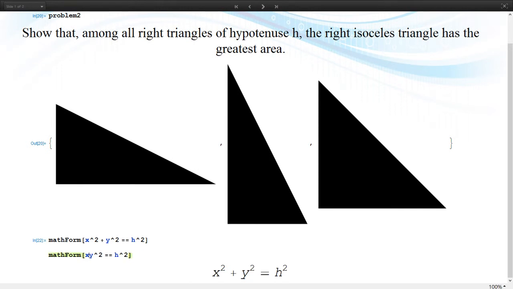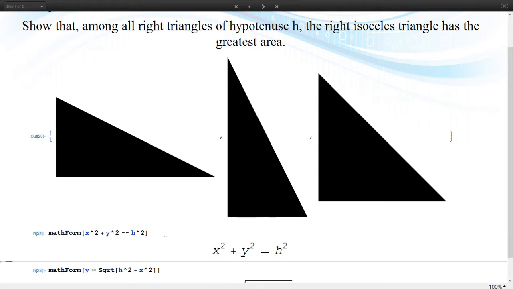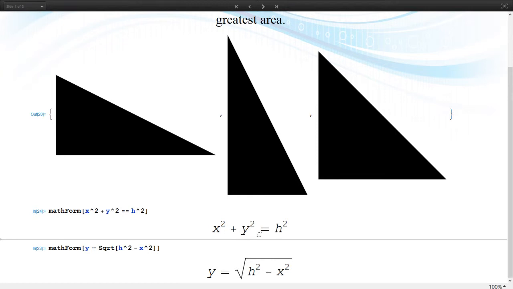We get y squared equals h squared minus x squared. And in fact, we can solve for y by taking the square root of both sides. There we go. So we have our relationship between the 2 sides and the hypotenuse. We've solved in terms of y.